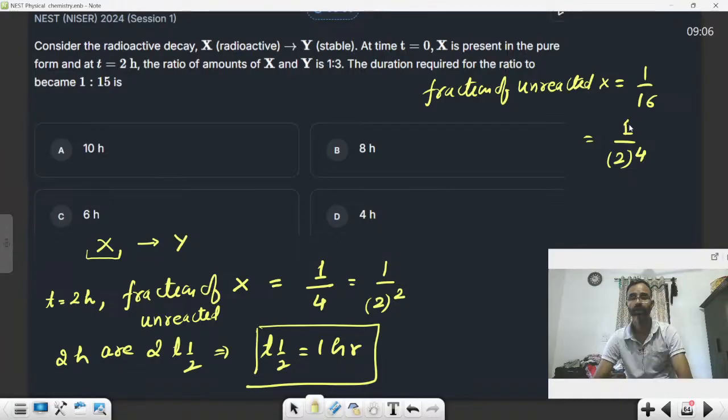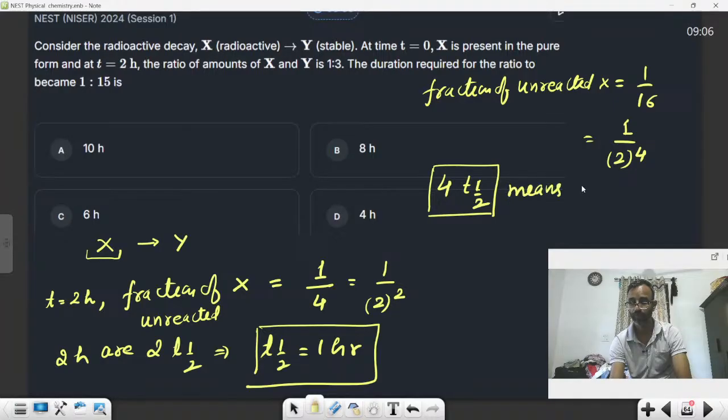Okay? 1 upon 2 raised to power 4 means 4 half-lives. 4 half-lives means 4 hours.